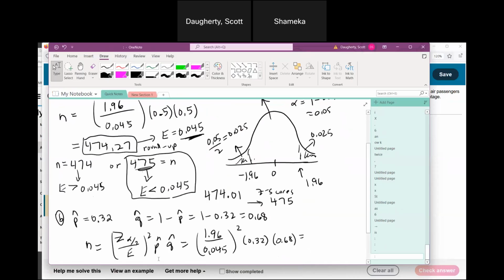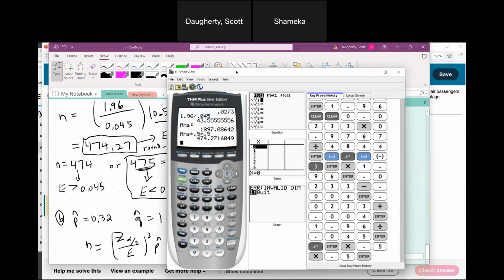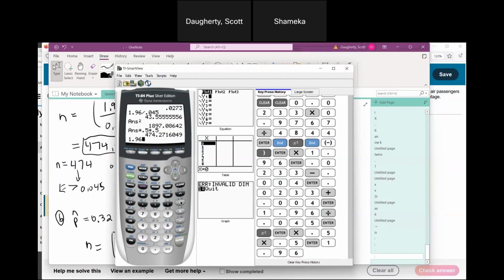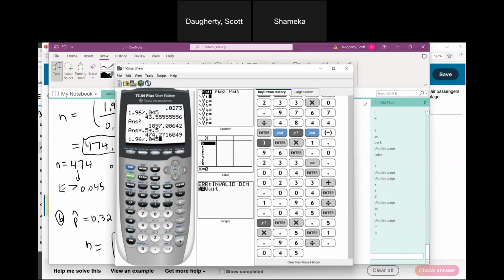It's only if you happen to have an idea of what these numbers are from a previous study. If you don't, then like I said, you would just use 0.5, 0.5, split down the middle. So let me just see what that is. 1.96 divided by the margin of error, and then square that number.